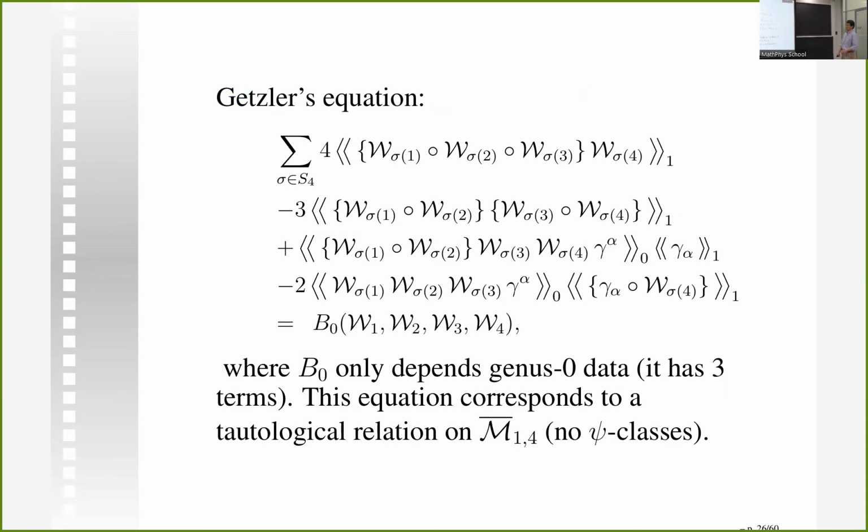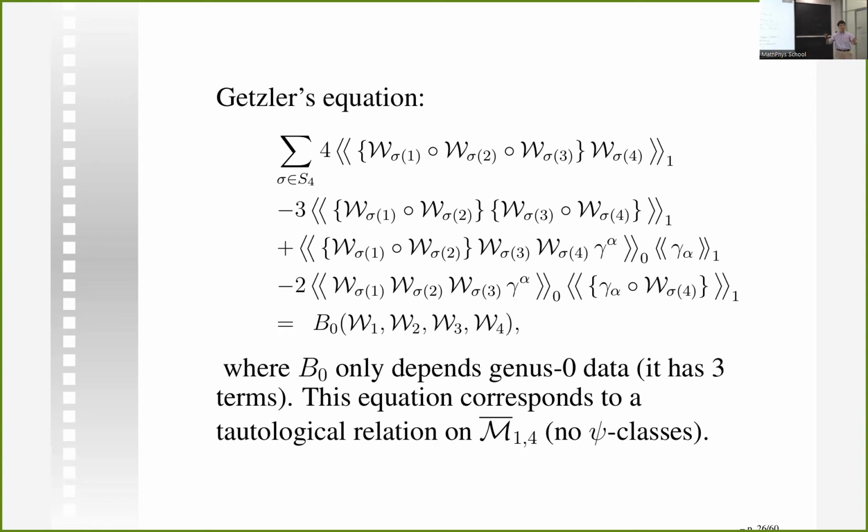And unlike the genus 0 case, where we know the genus 0 topological recursion relation determines everything, in the genus 1 case this is not true. In genus 1, there's another relation discovered by Getzler. This is a relation on M_{1,4} bar. There's no psi class in this relation.